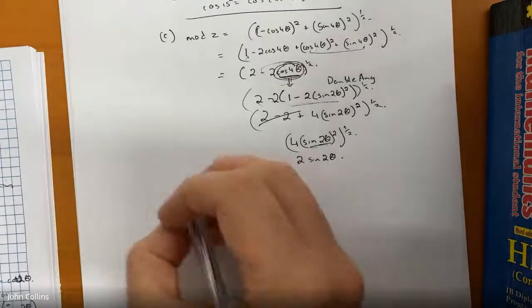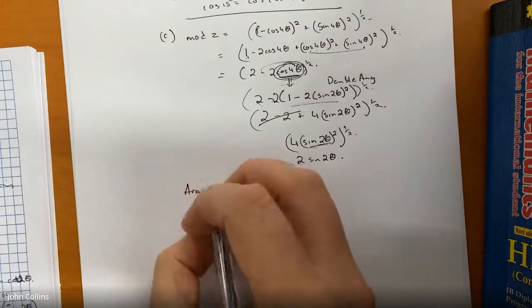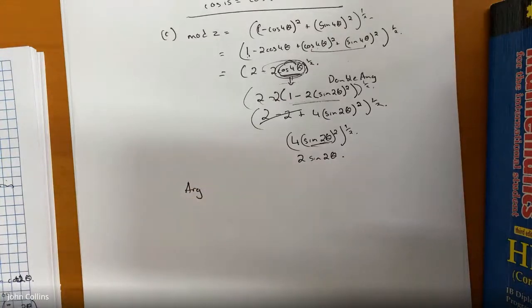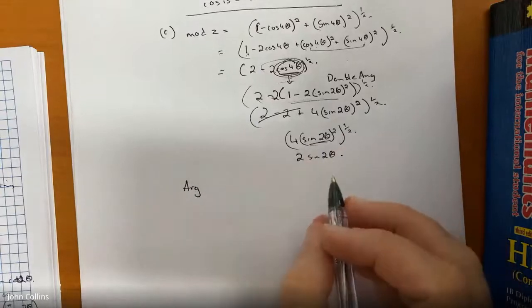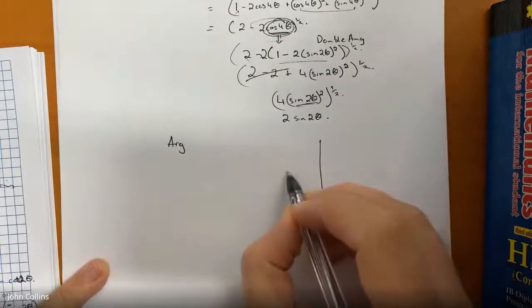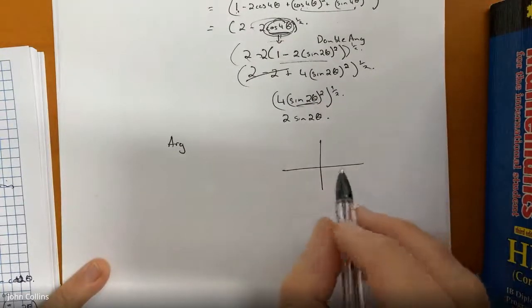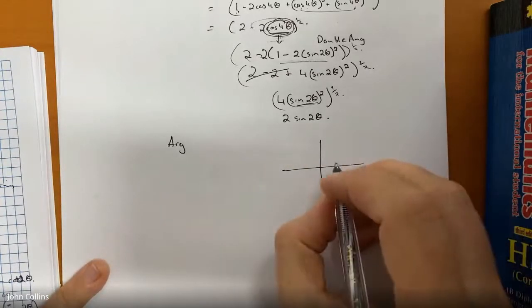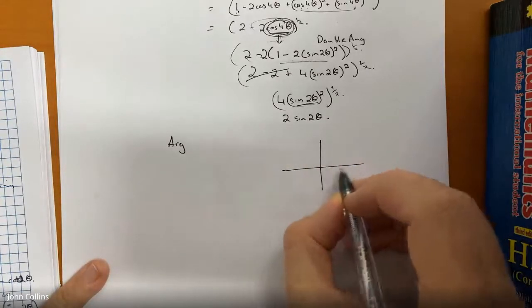All right, so the argument now. This is where you could have a little look at a random. If you wanted, you could draw your attempt at z.